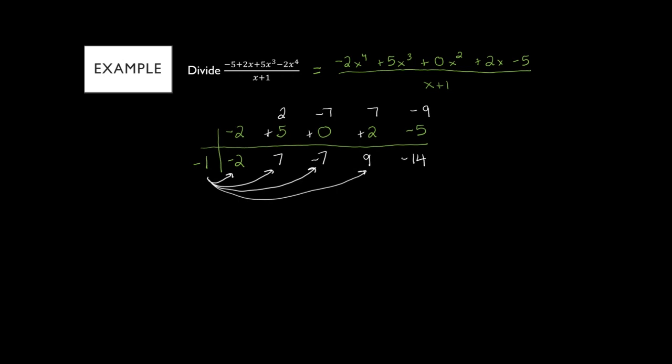So it's easy to make a mistake here, so you can always double check your math. But if you write down your numbers, it's pretty easy to double check if you accidentally multiplied wrong or something like that.